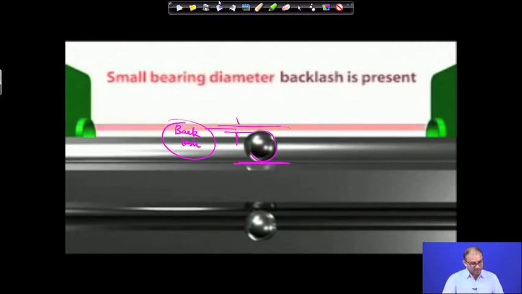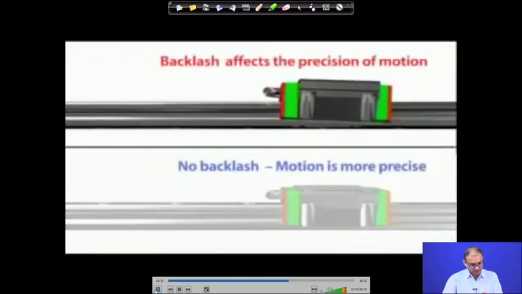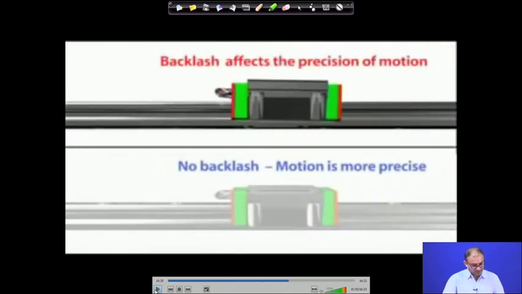If that backlash is present, what is going to happen here? Let us see. This is the motion of that part, because now you do not have firm contact between the ball and the roller or that rail, and because of that you are getting some type of wavy motion instead of a straight line motion.